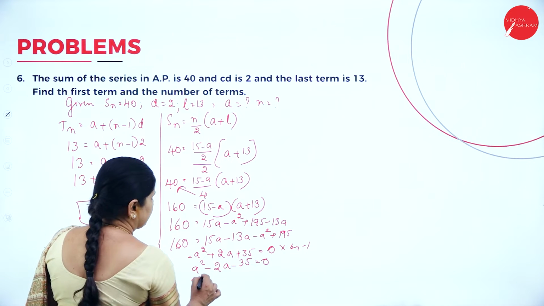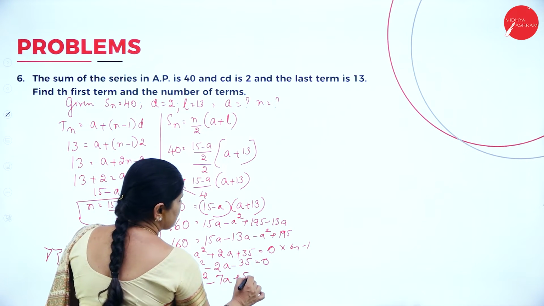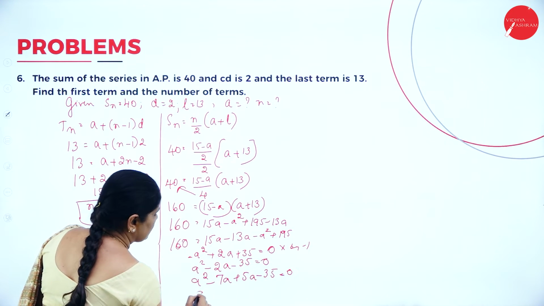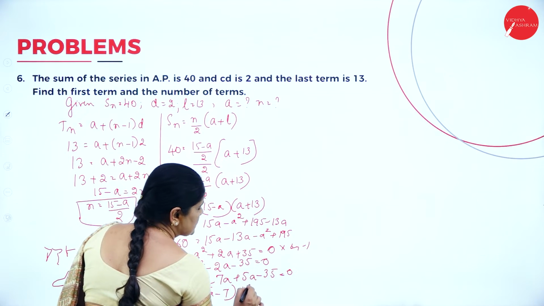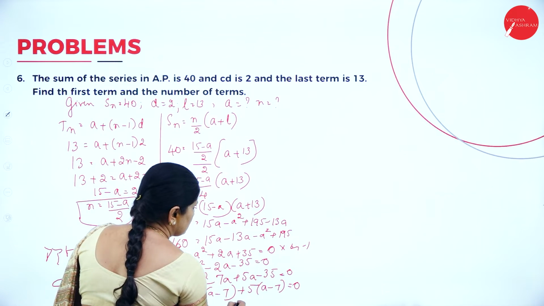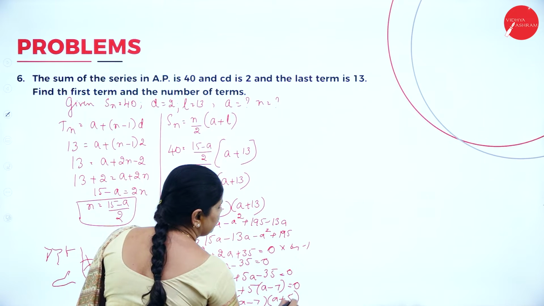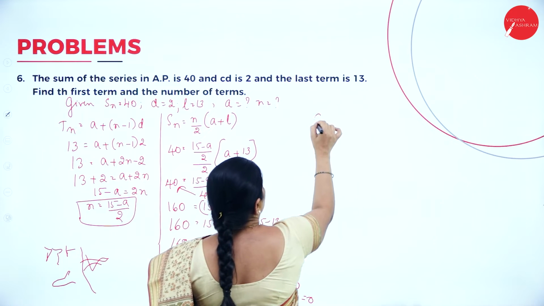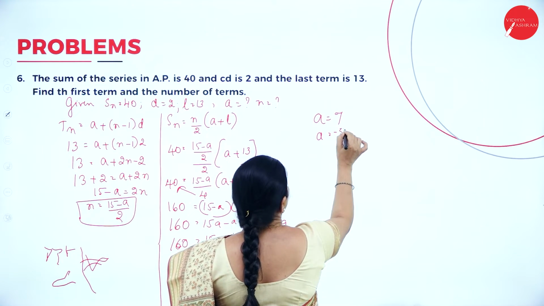So, I will write it as A square minus 7A plus 5A minus 35 equals 0. So, A is common, A minus 7 plus 5 is common, A minus 7 equals 0. So, A minus 7 into A plus 5 equals 0. So, A will be equal to 7 or A will be equal to minus 5.